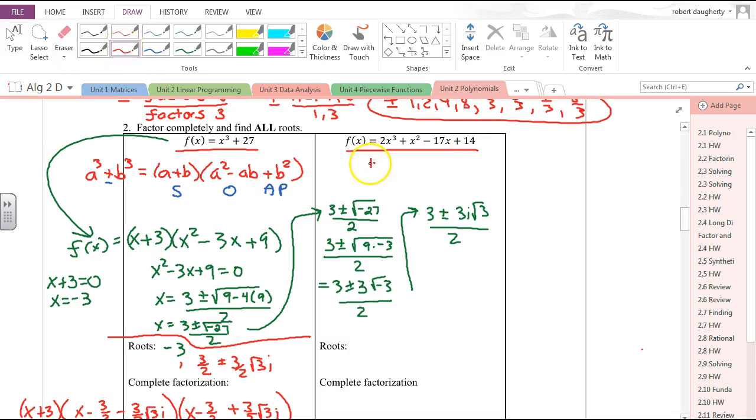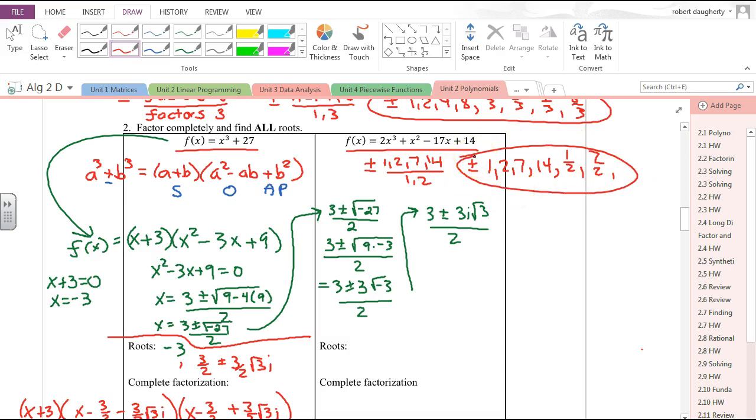My possible roots are plus or minus the factors of 14 over the factors of 2. So that's plus or minus 1, 2, 7, 14, 1/2, 2/2, 7/2, and 14/2. That is the list. Now if I look and see what happens when I add these up, 2 plus 1 is 3, 3 minus 17 is negative 14, negative 14 plus 14 is 0.